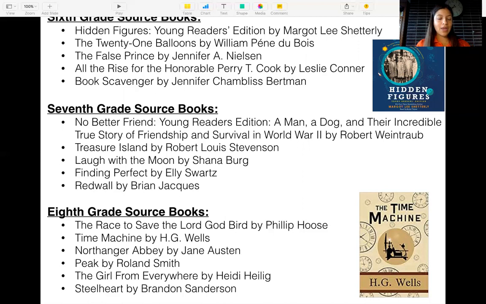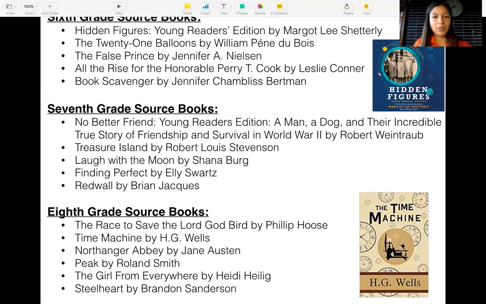And we have eighth grade source books: The Race to Save, Time Machine, Northanger Abbey, Peak, The Girl from Everywhere, and Steel Heart by Brandon Sanderson.